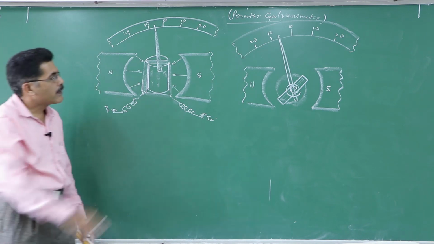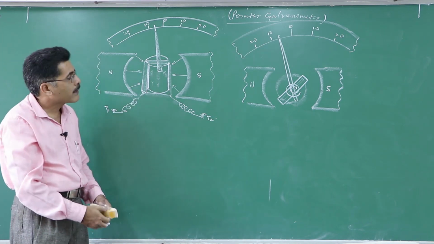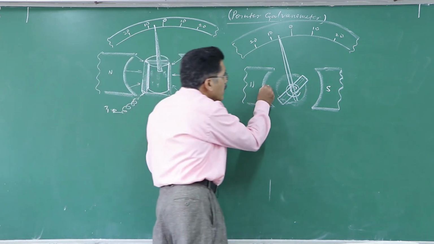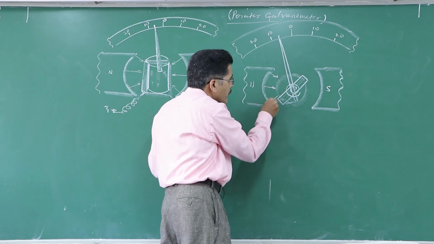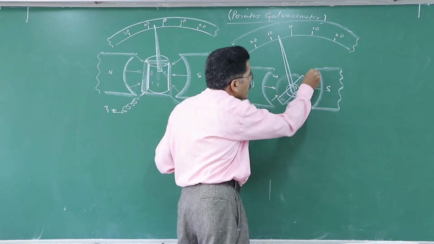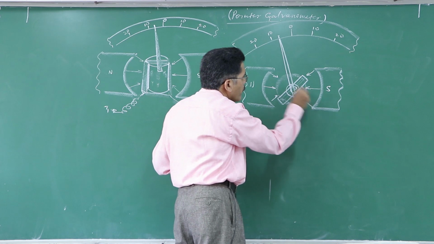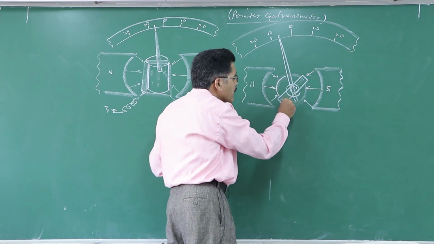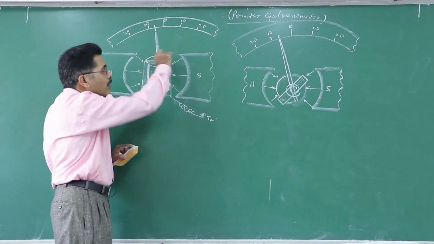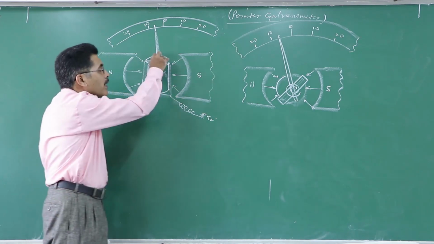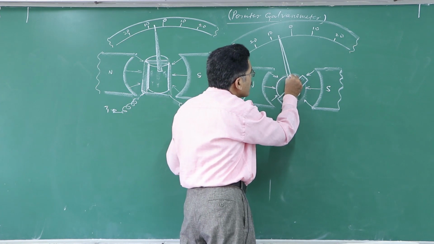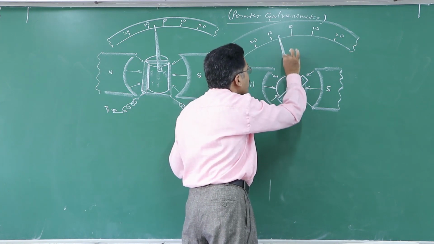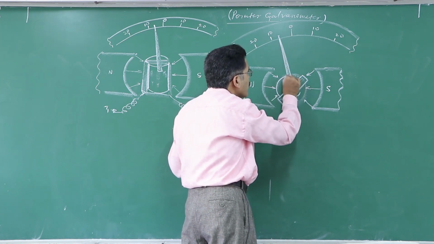This is the construction detail. Here, the field is strong and radial. This is a soft iron cylinder. I have taken only the cross section of this diagram and written it here. This is the soft iron cylinder, and this is the pointer.